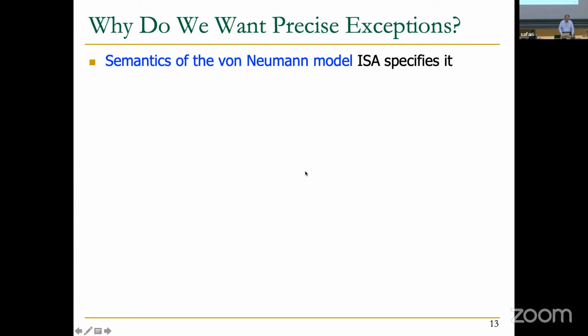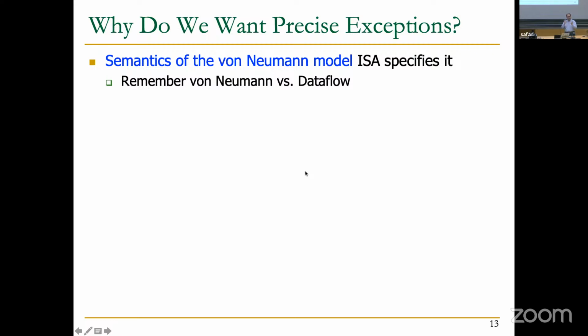It's important to have precise exceptions because it's the semantics of the von Neumann model. When we get back from the exception to the normal execution of the application, we need to know from which point we need to continue. That's very important from the mindset of the von Neumann model, which is different from a data flow machine. I think we haven't talked about data flow machines this semester at all.